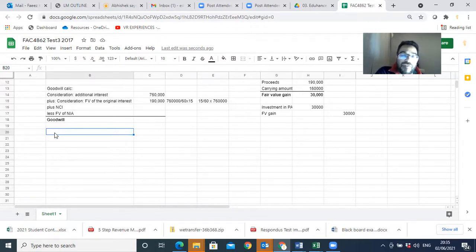All consolidation journal entries take place at the end of the current financial year. But just to give you perspective, the journal entries that you do at the end of the current financial year relating to 31 July 2016 would be your at-acquisition journal entries.